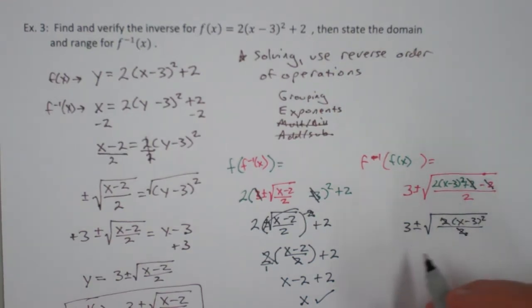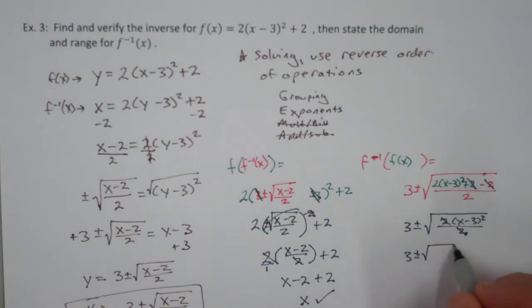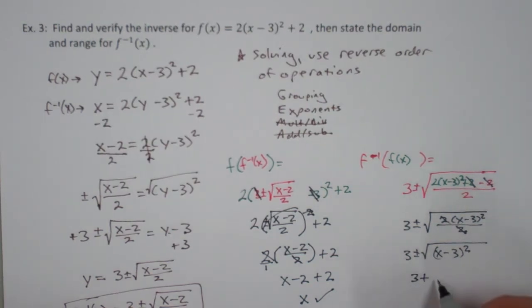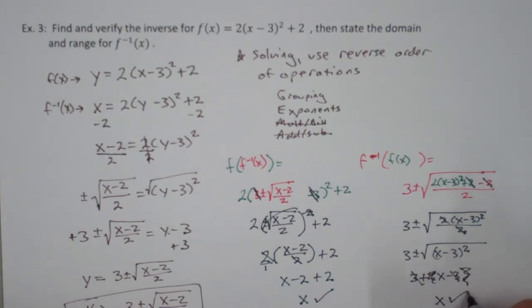The 2's will cancel. So now we've got x minus 3 squared. Now the square root and the square cancel. So we've got just x minus 3 here. We actually don't need the parentheses at this step. We don't have anything to multiply. So we've got 3 and negative 3, and we're just left with x.